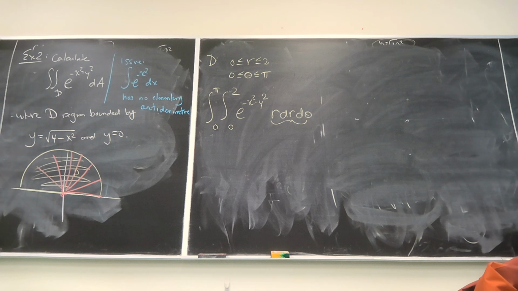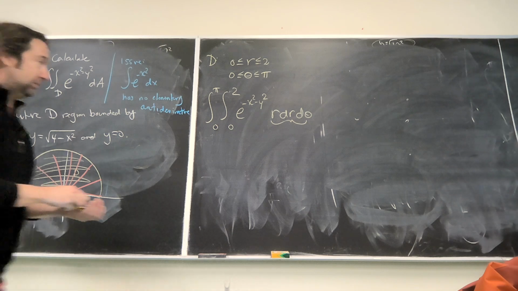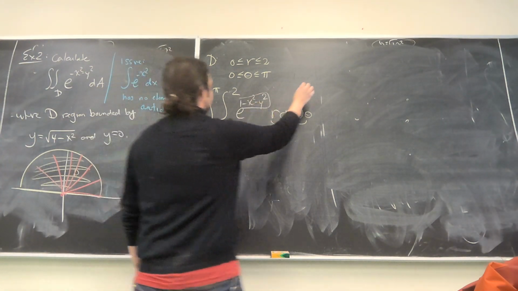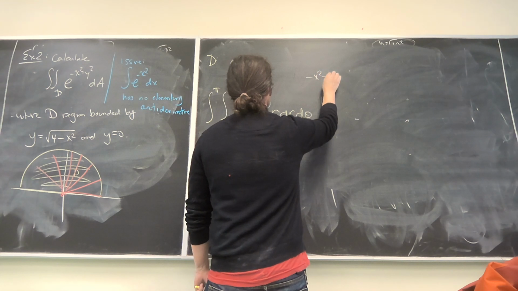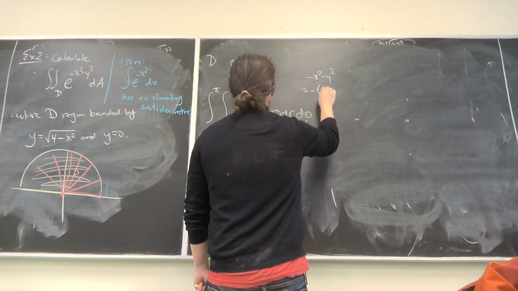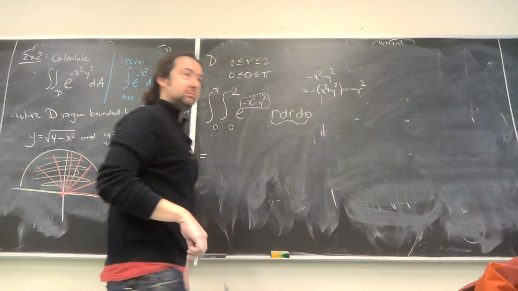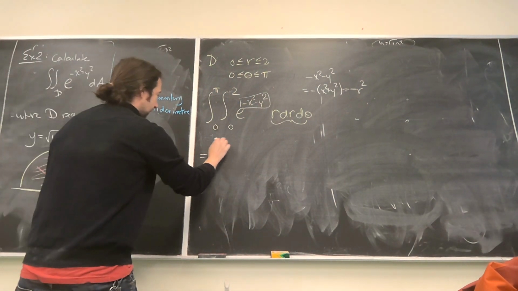Of course, I should be suspicious because x squared plus y squared is like a thing I know. So isn't this equal to, so this guy up here, minus x squared minus y squared is equal to minus x squared plus y squared, which is minus r squared. So notice what happened.